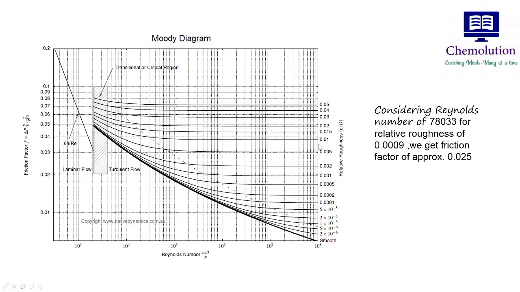You can see the relative roughness here, and you have to track the curve all the way around until you coincide with the Reynolds number, and then you can find the friction factor, which is plotted over here. These curves are each for a relative roughness number.